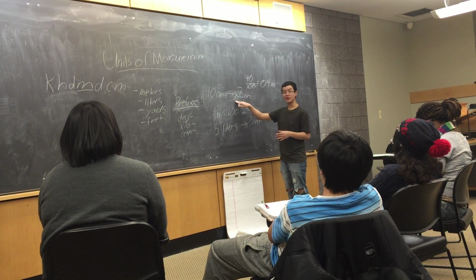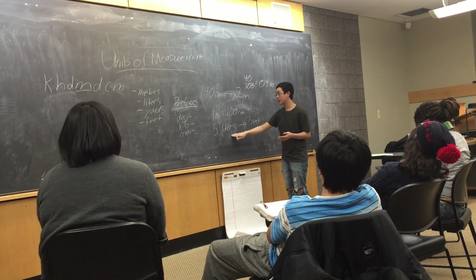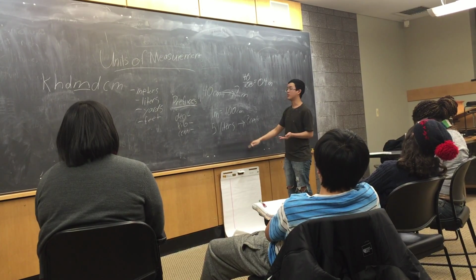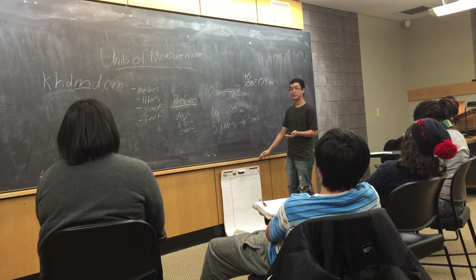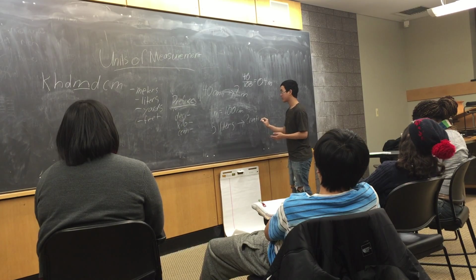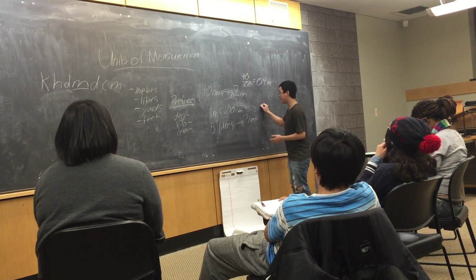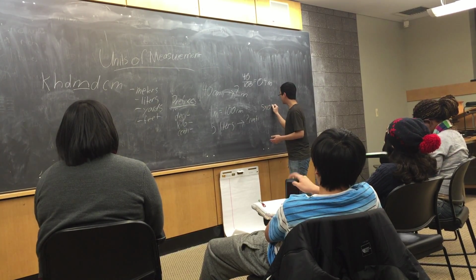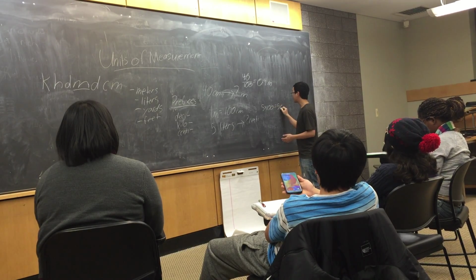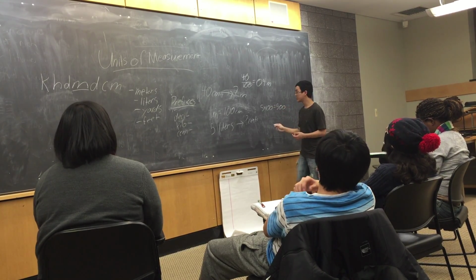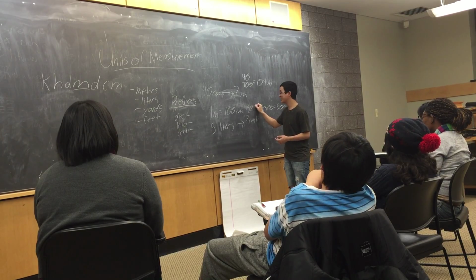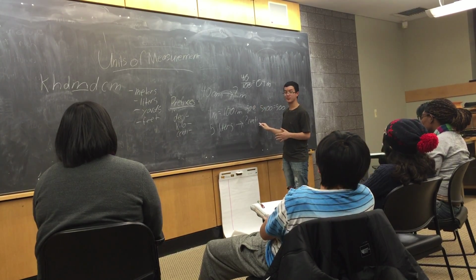Instead of dividing by 100, here I would multiply by 100. So if you were to multiply 5 by 100, that would give you 500, right? This is 500 centiliters. And we know that's right too.